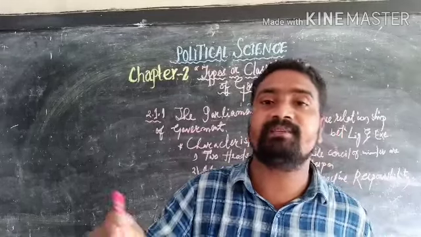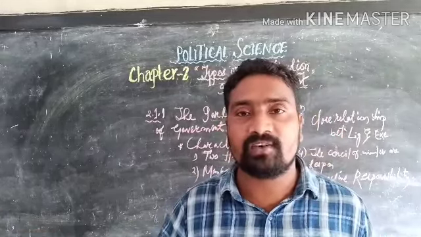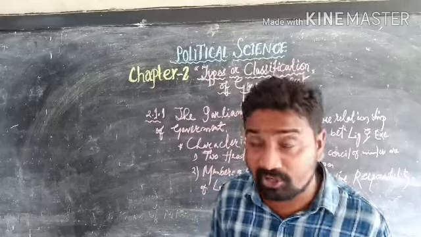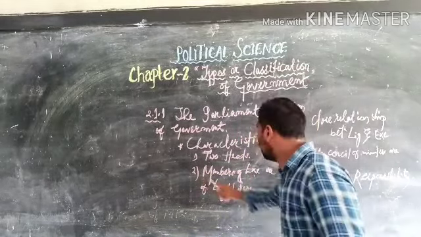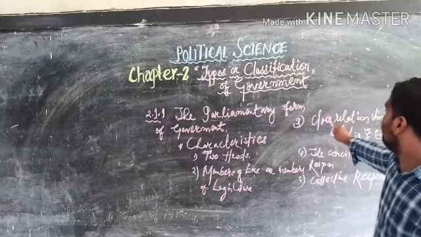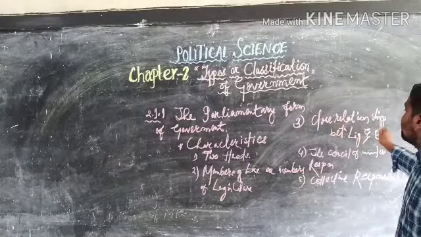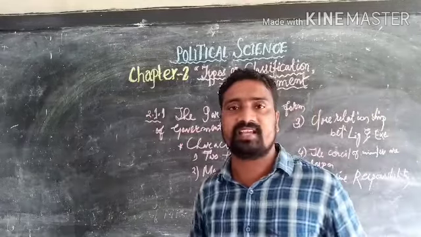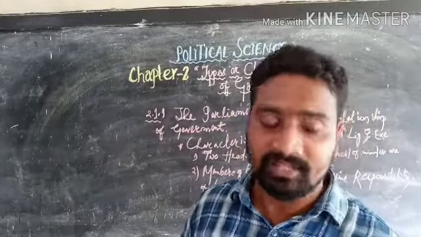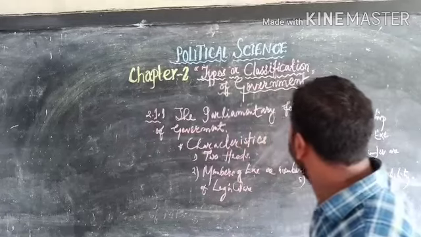Without being a member of the legislature, one cannot be a member of the executive. Is it clear? The third one is there is a close relationship between legislature and executive, as I have already told you. So what happens?